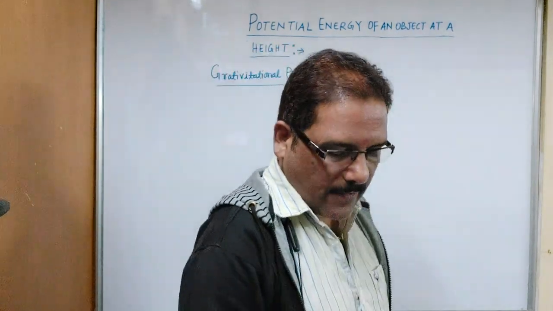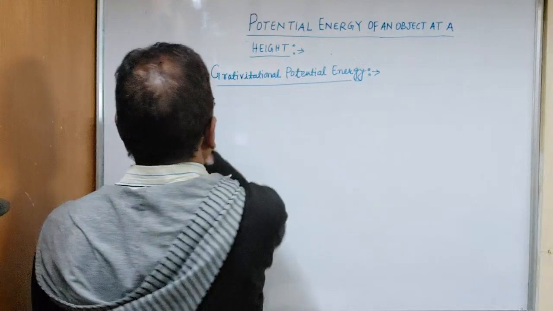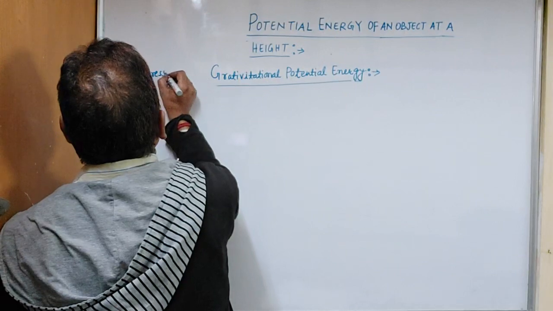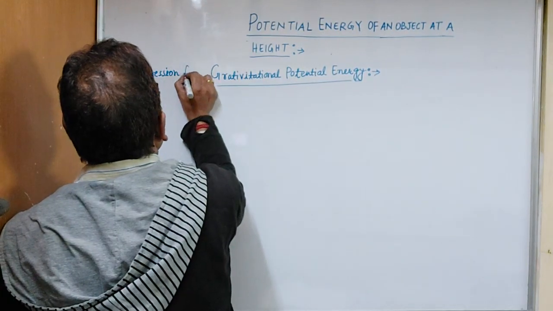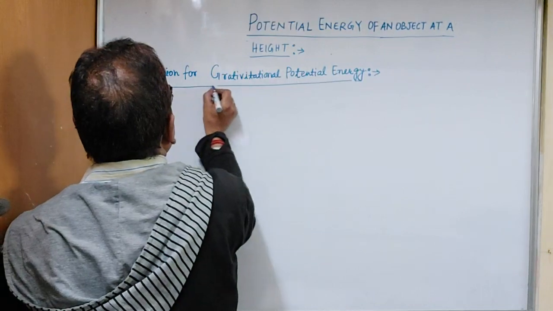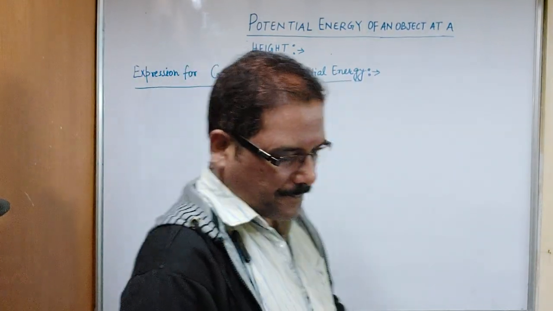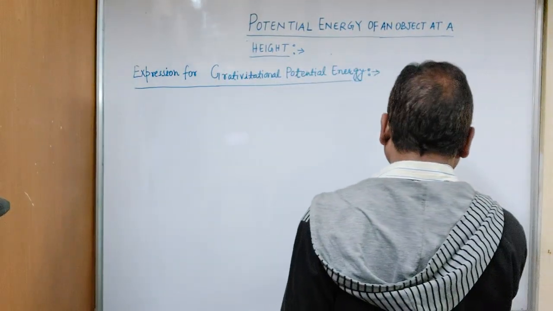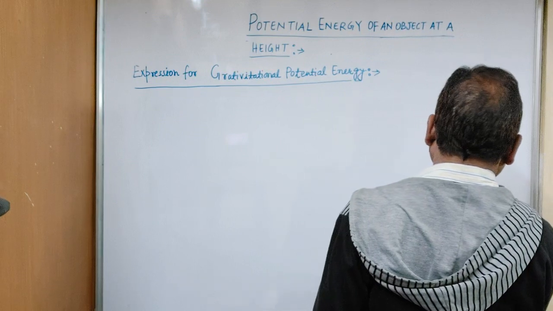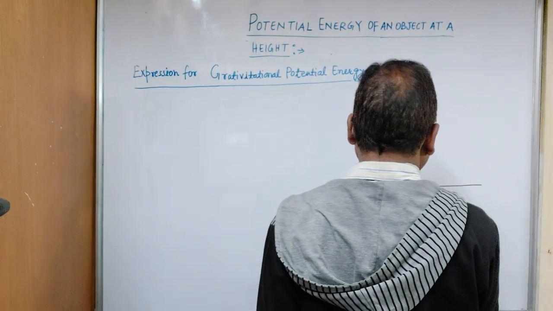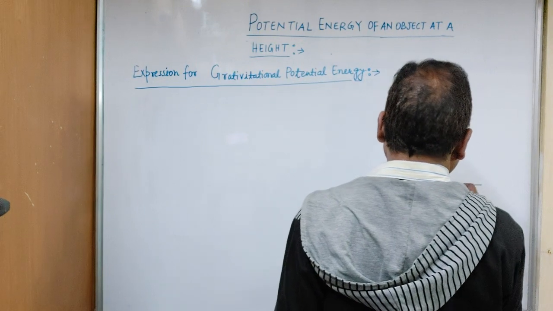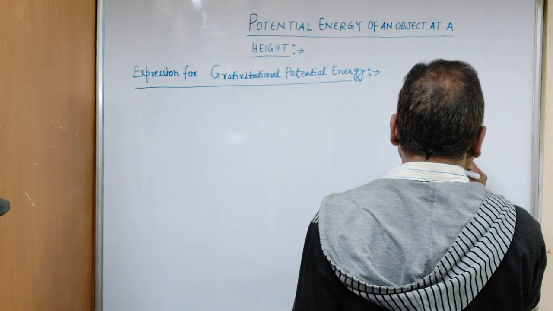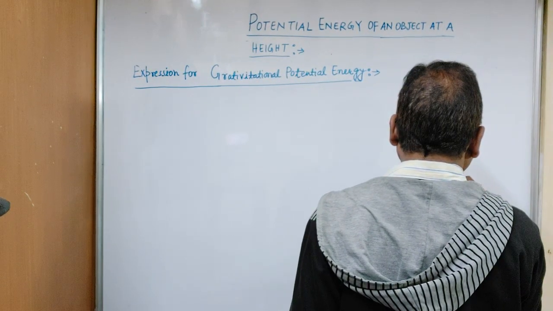Now we will derive an expression for gravitational potential energy. To derive an expression, first draw a diagram. Suppose this is Earth's surface, this is ground, and let an object be on the ground.